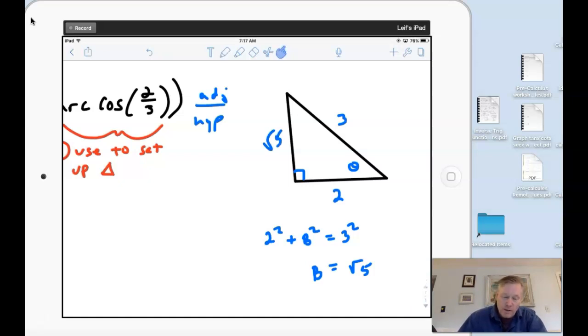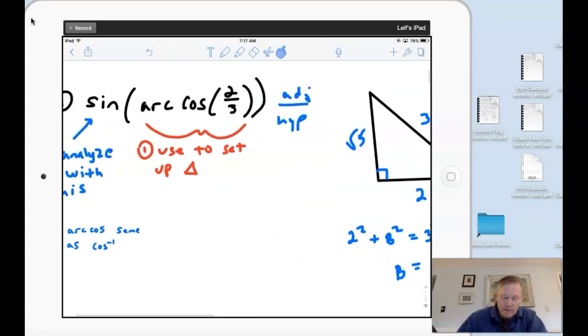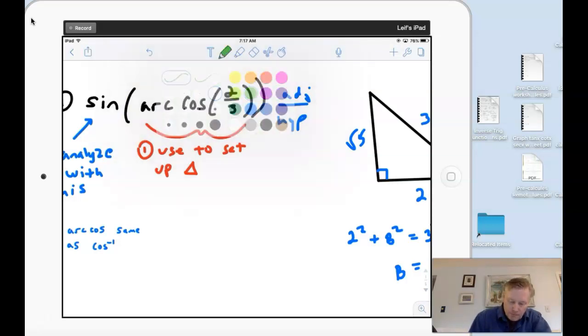Now I'm going to go analyze the sine part. I've got everything I need now. In fact, I can completely disregard this part at that point and just look at what is the sine of the angle. Now I'm really looking at what is the sine of theta.